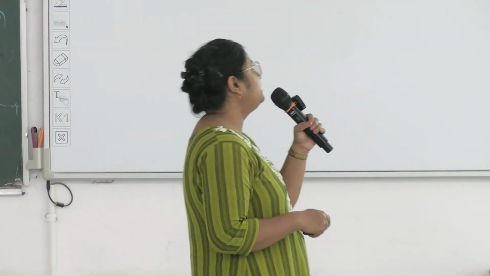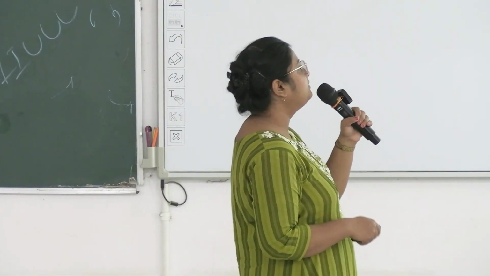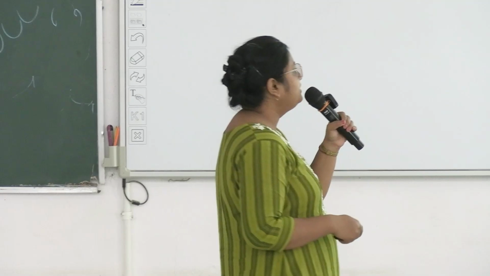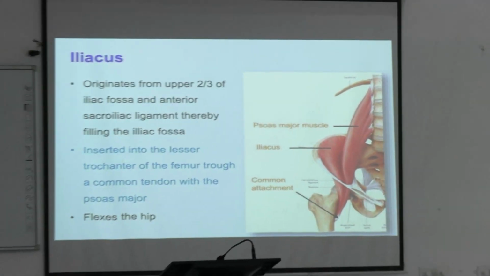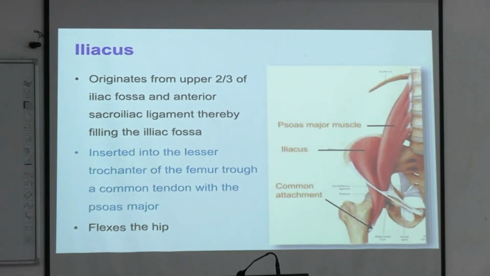What is the nerve supply? It is supplied by the femoral nerve. What is the action? Flexion of the thigh and the lumbar part of the vertebral column. Next, see here this fan-shaped muscle originating from the iliac fossa of the hip bone.